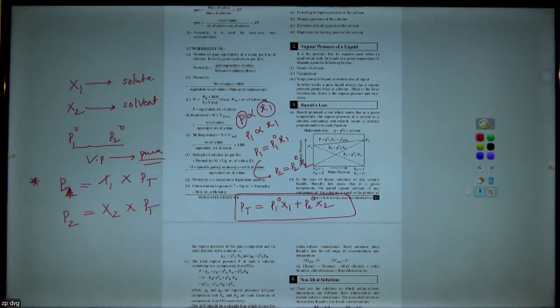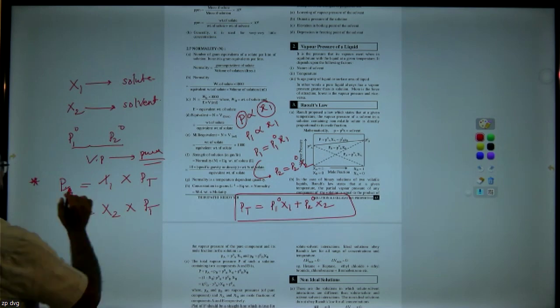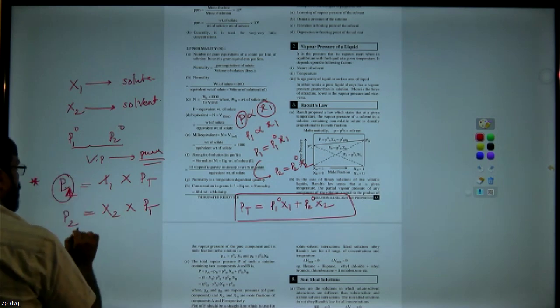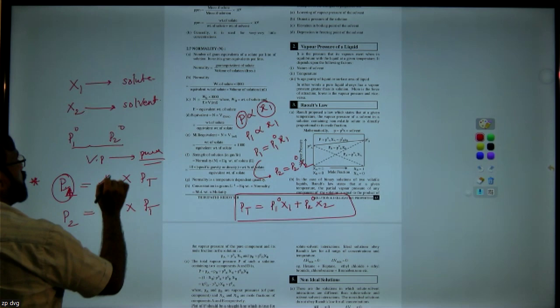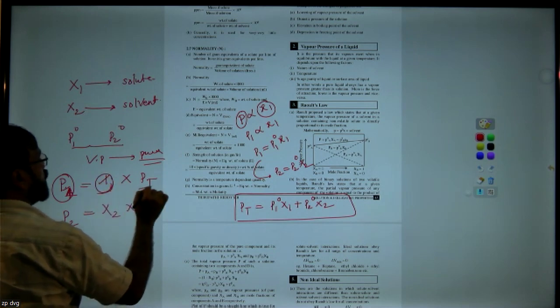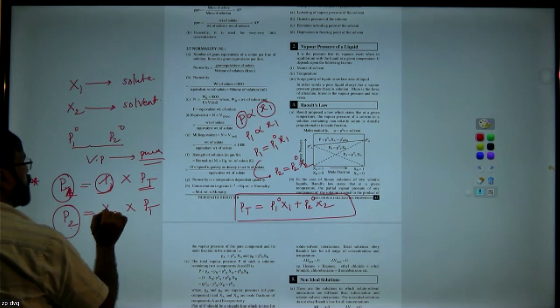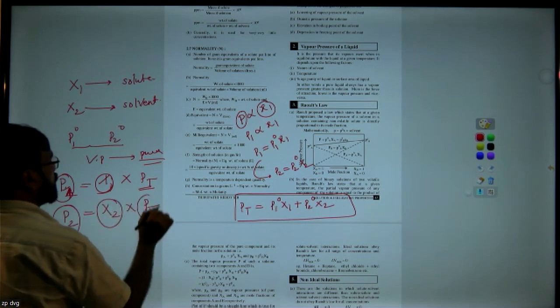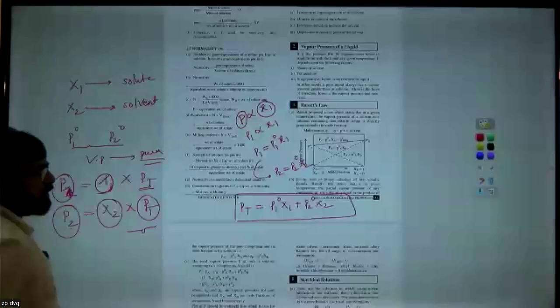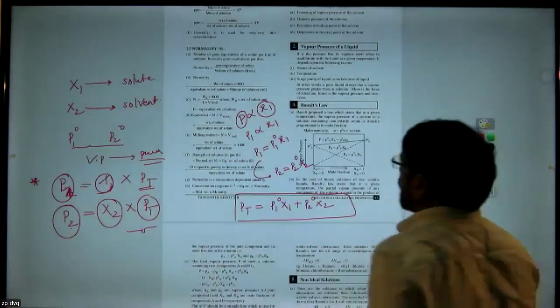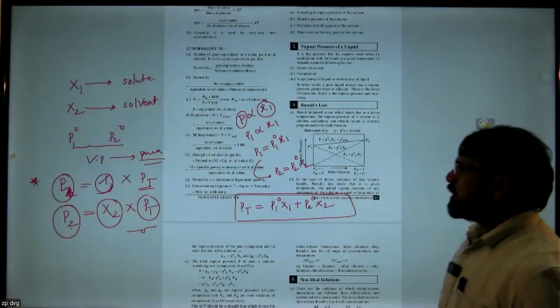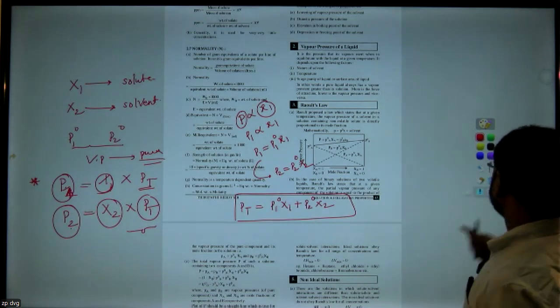To get the vapor pressure or partial pressure of the first component, mole fraction of the first component into total pressure. For the second component, X2 into total pressure. So these are the formulas. And here, how we will get the graph, let us see the graph also.